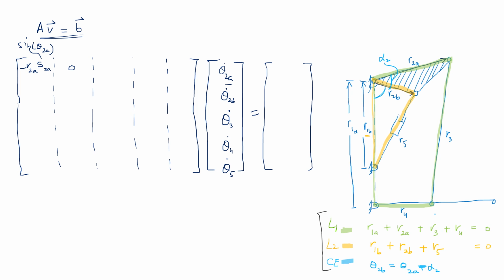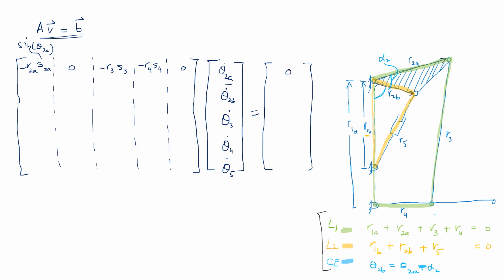There is obviously a theta 3 dot term, corresponding to minus r3 sine of theta 3, and then you have minus r4 sine of theta 4 in there, and there is no theta 5 dot term. So that's the first equation, and that was equal to 0.